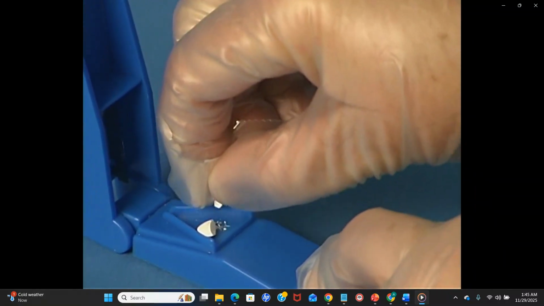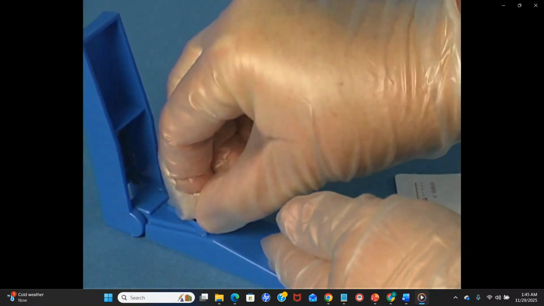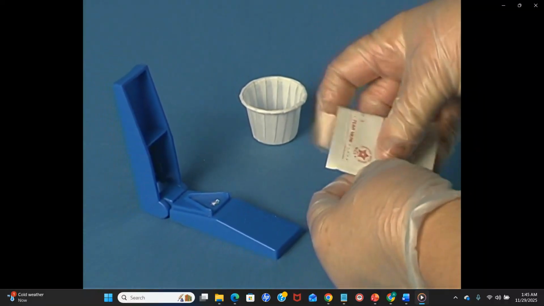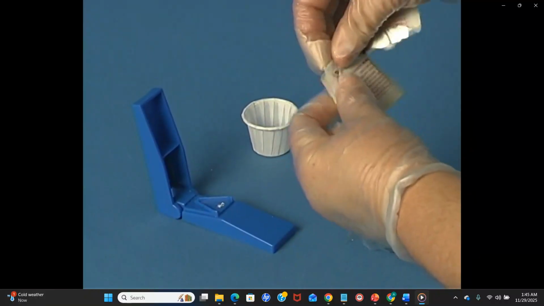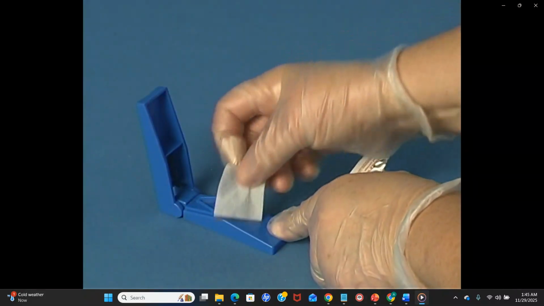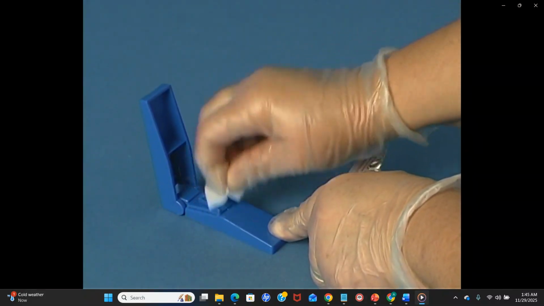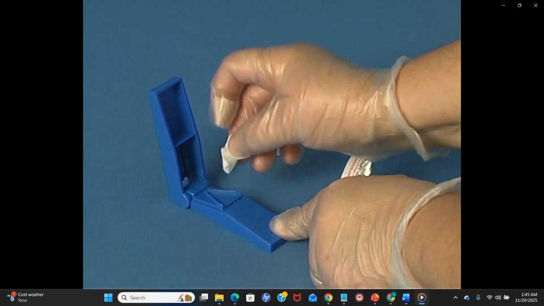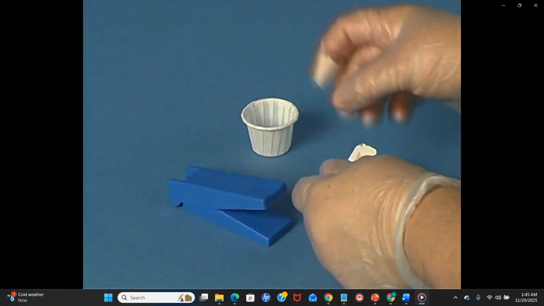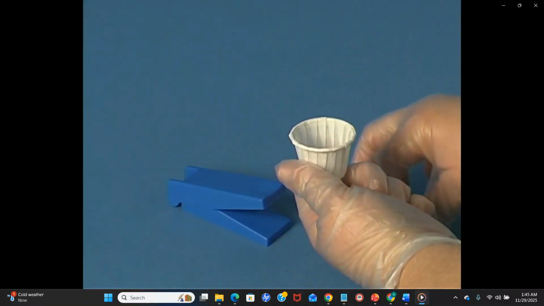If the pill does not split into two equal halves, dispose of them according to your agency's policy and cut another pill. Pills that are not scored are not to be cut because the two halves will not have equal doses. When you are finished, clean the pill cutter with an alcohol wipe, being careful not to cut yourself on the blade.